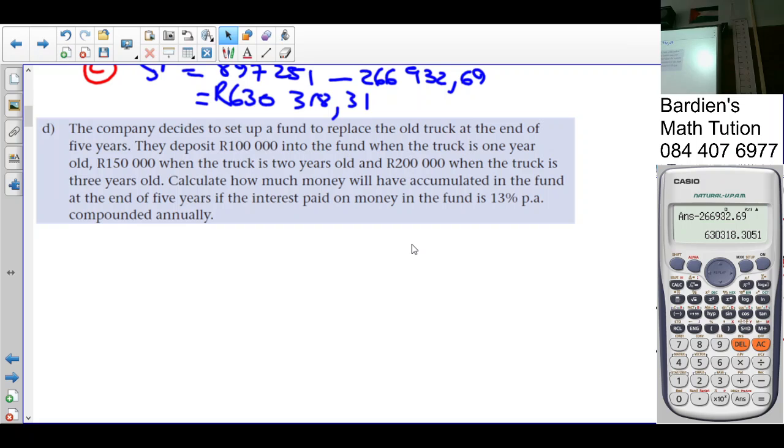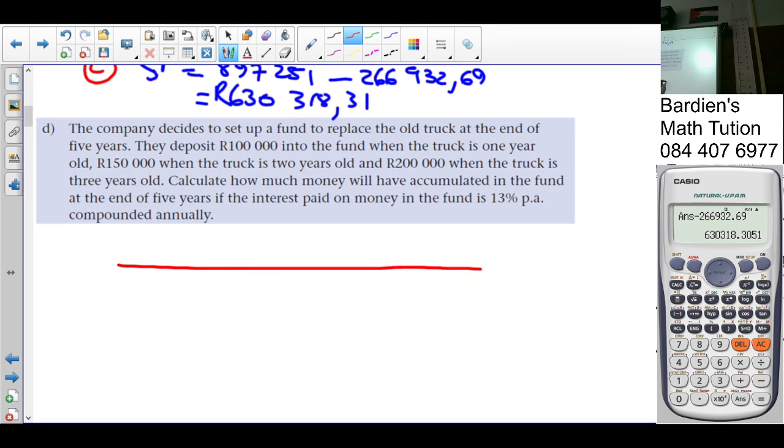Okay? So if we look here, the time T0, starting point. Did anything happen here at T0? No. At T1, they deposited 100,000 rand. So 100,000 is indicated with a plus.